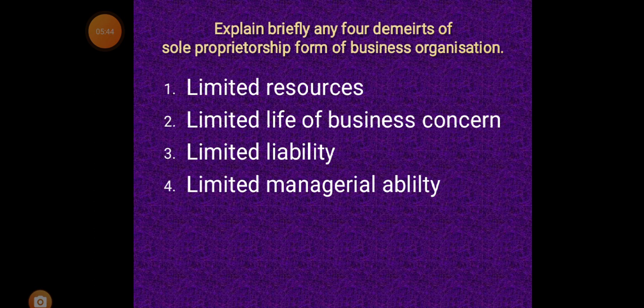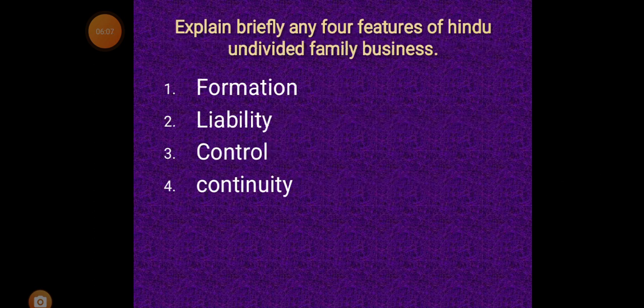So here they have asked only the demerits. First point is limited resources. Second one is limited life of business concern. Third one is limited liability. And the fourth one is limited managerial ability.